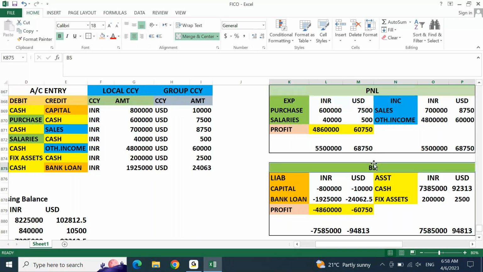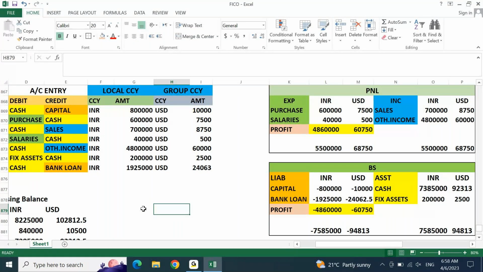Let's say I post one more entry: bank debit, cash credit. How will this impact my financials? Will this entry impact my P&L or my balance sheet or both?